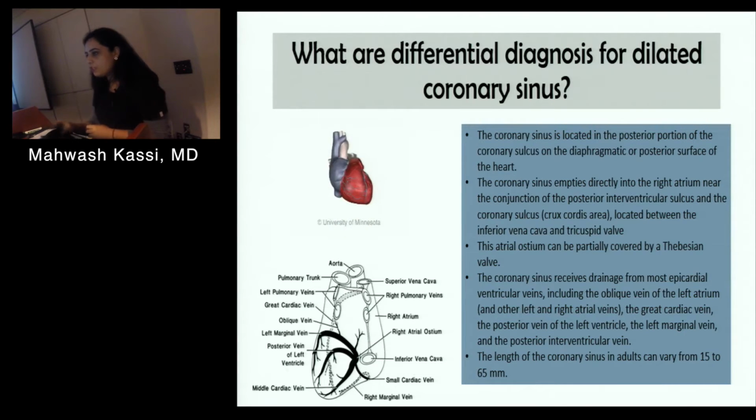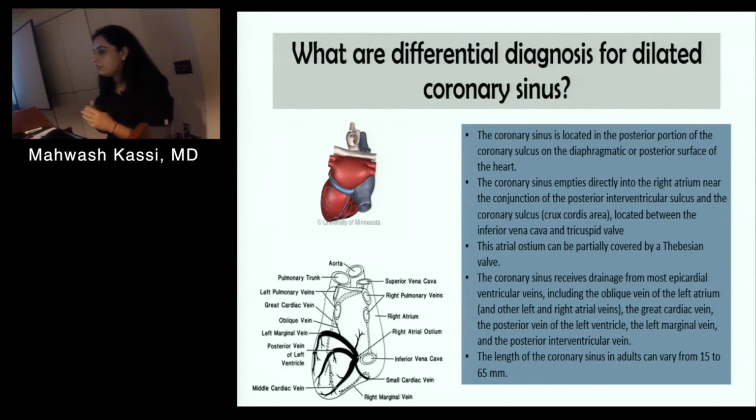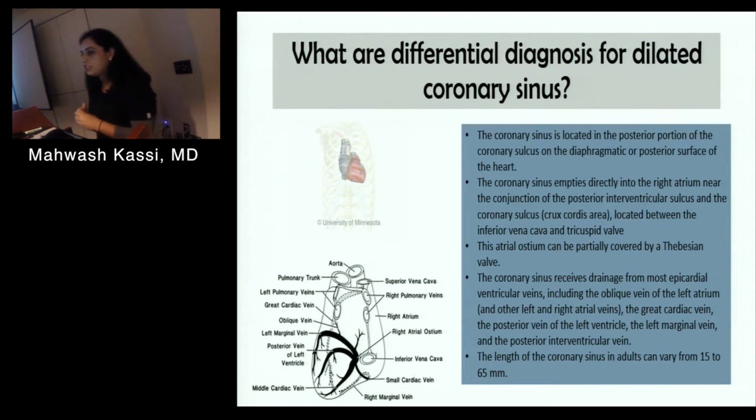And it's on the posterior surface of the heart. It empties directly into the right atrium near the junction of the posterior interventricular sulcus, and it's located between the IVC and the tricuspid valve. It empties into the atrial ostium, where it can also have a valve. Sometimes it has a valve, and that valve is called the Thebesian valve.